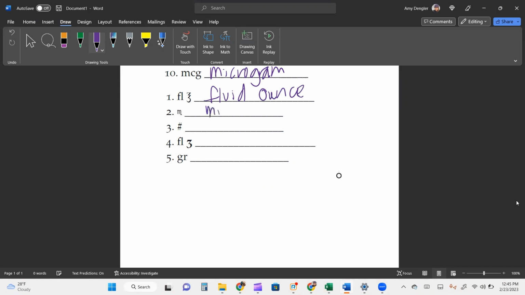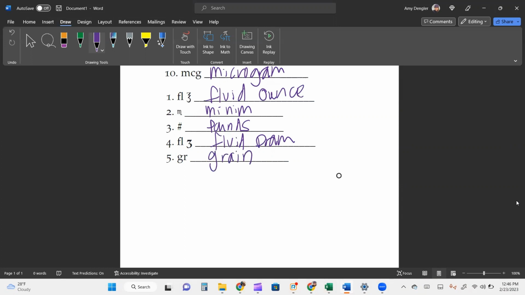The M is for minim, and this is all in the book too. The pound sign is for pounds. The FL, fluid, and that symbol is the dram. Excuse my handwriting. And remember, GR is not gram, it is grain.